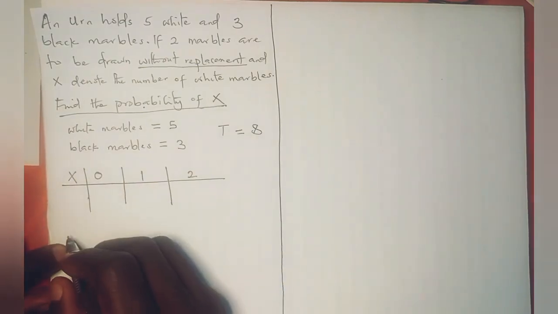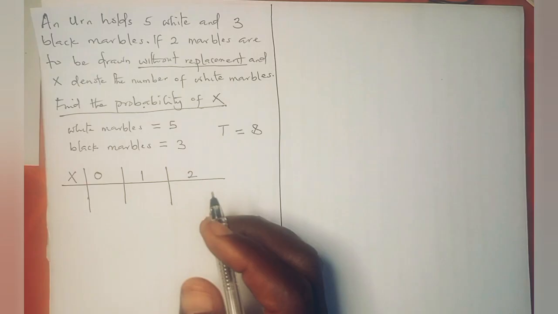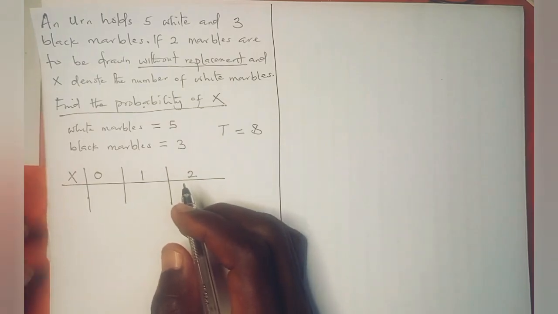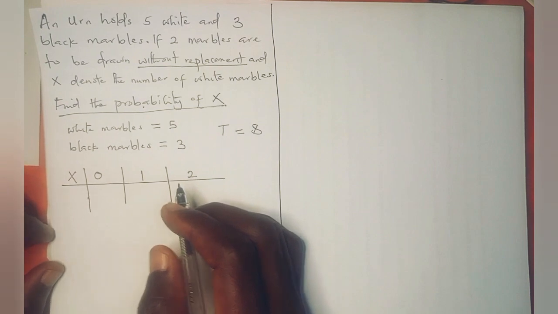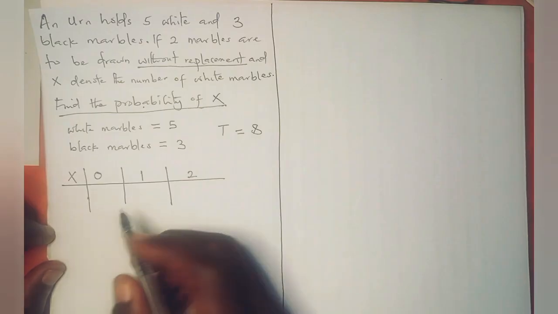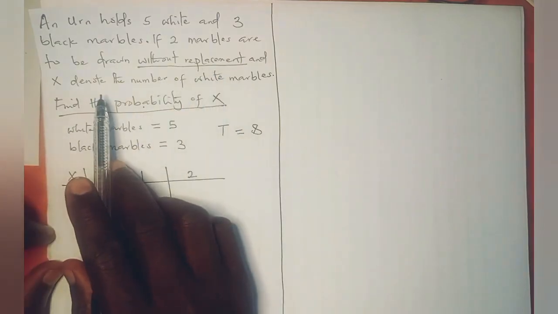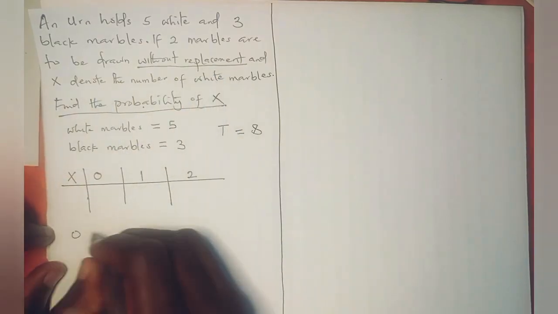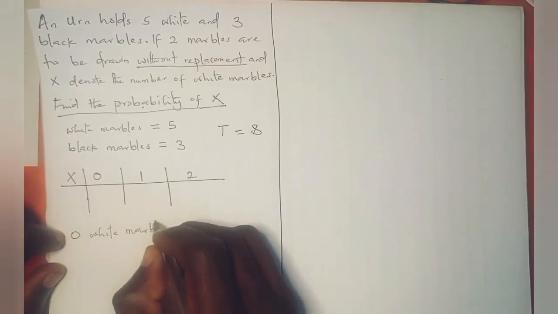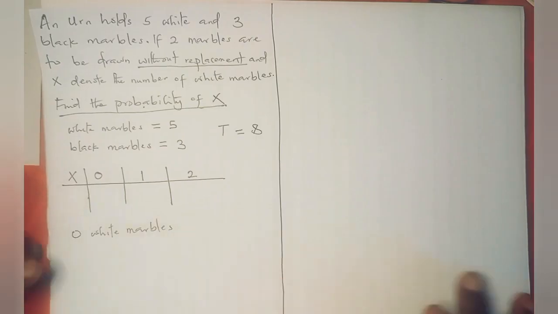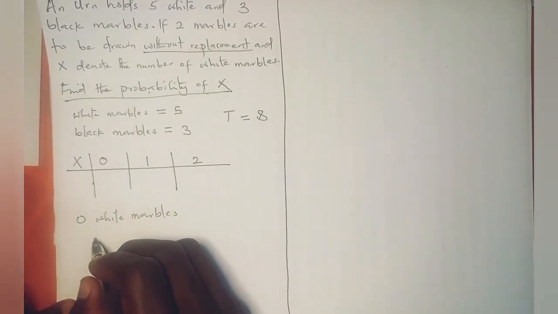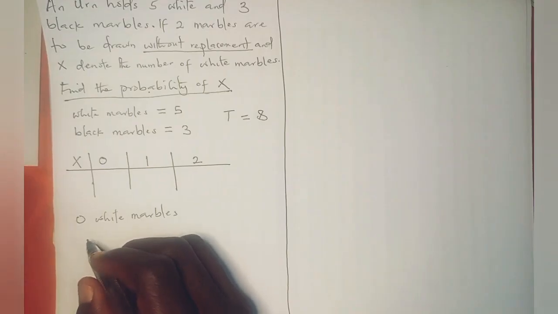Let's start by assuming that when the two marbles were drawn, none of the marbles was white. So we are dealing with only the 3 blacks. That is 0 white marbles were drawn. So the first one drawn is black. What is the probability of drawing black first?